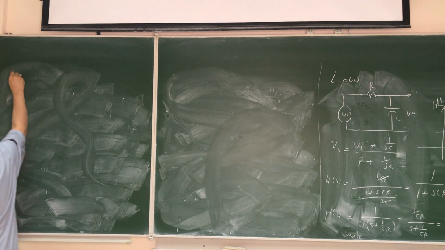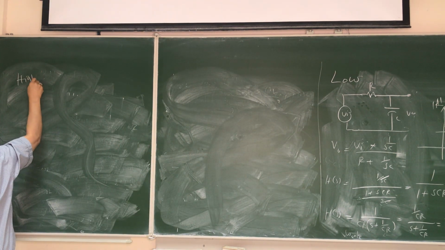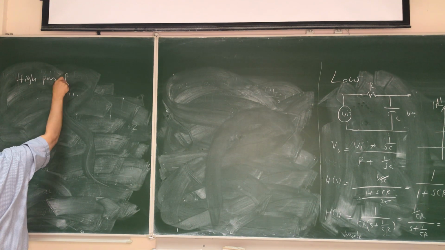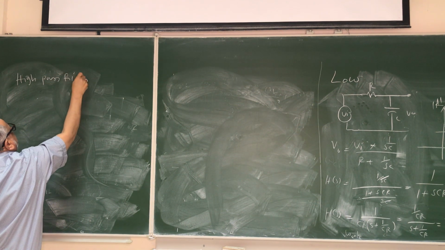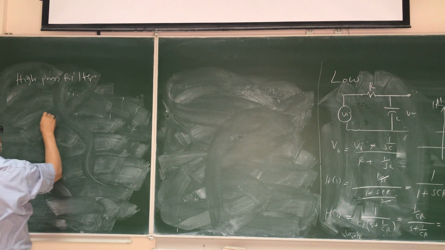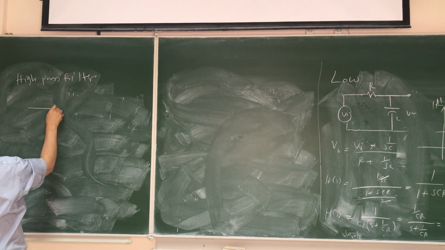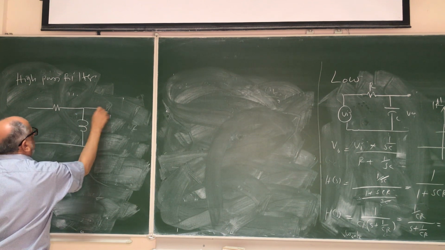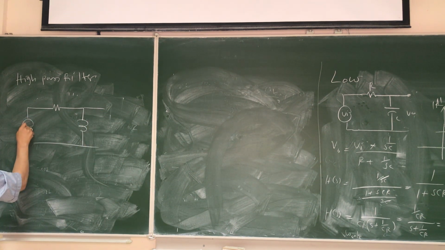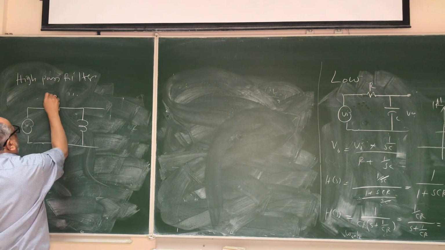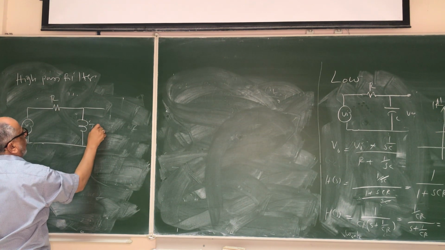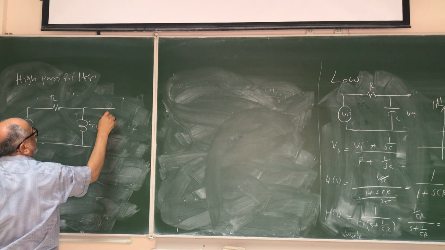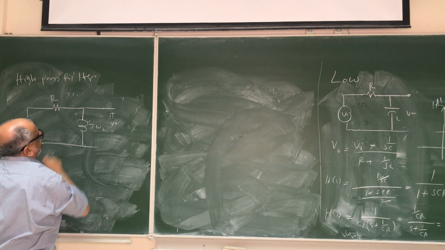For high pass filters, we do it the other way around. Okay, so this is Vi, R, L, and we have here V out.